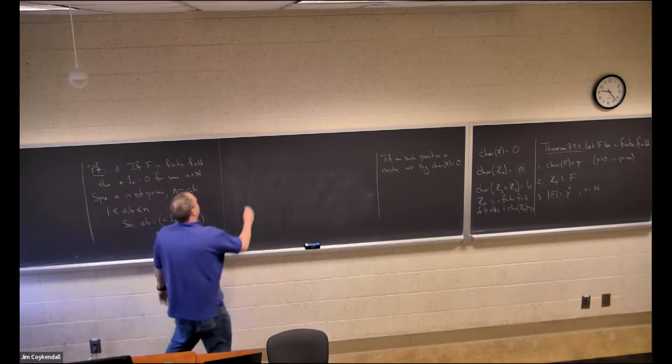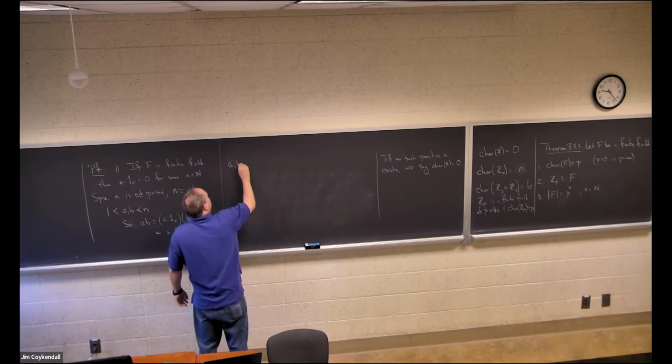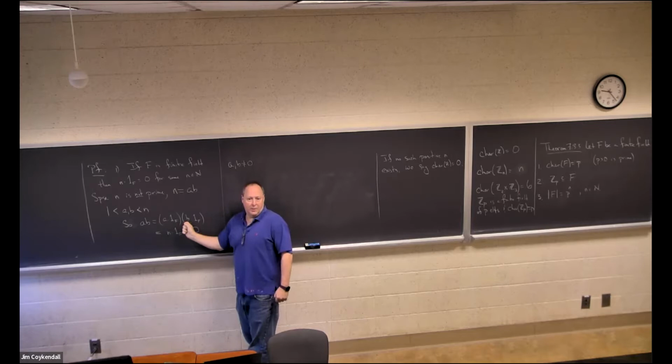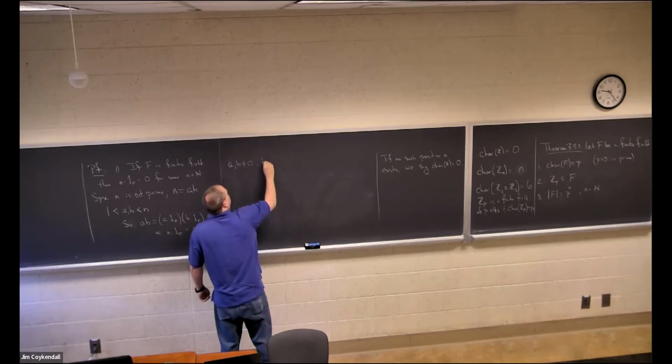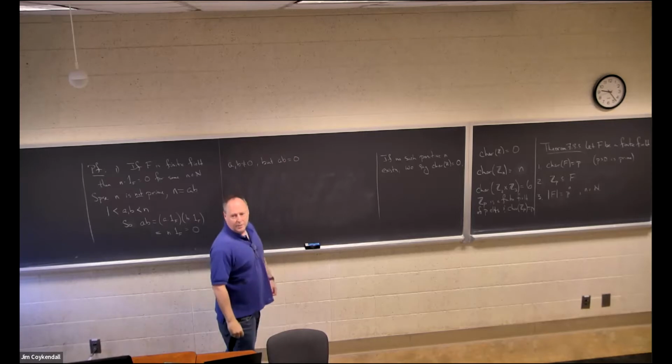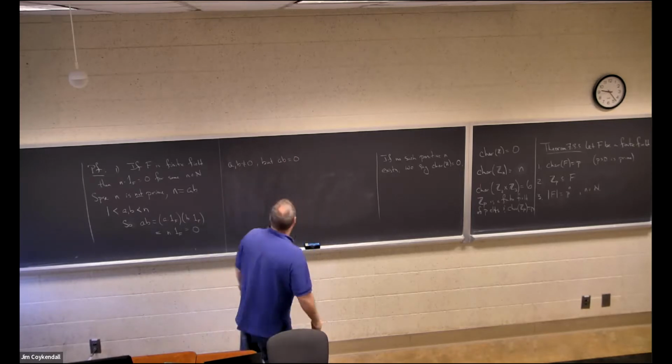So notice that A and B are not 0, because A·1F and B·1F are not 0, because A and B are smaller than n. Everybody agree with that? But AB is 0. And this is a contradiction.